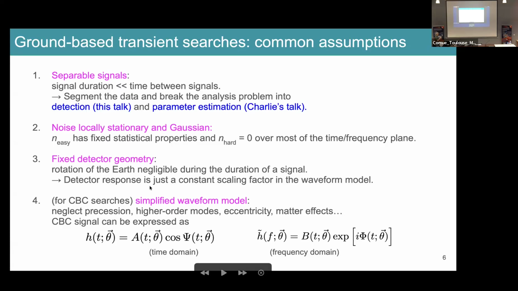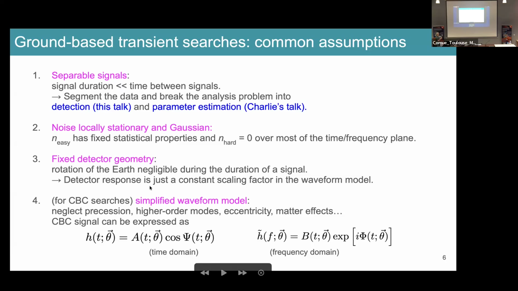If we assume this, then we can essentially segment the data into short segments, much shorter than 1 year, and use the hypothesis that I described in my second slide, where we can have only two situations, a null hypothesis where there is only noise, and an alternative hypothesis when there is only one signal plus noise, never more than one signal, 0 or 1.